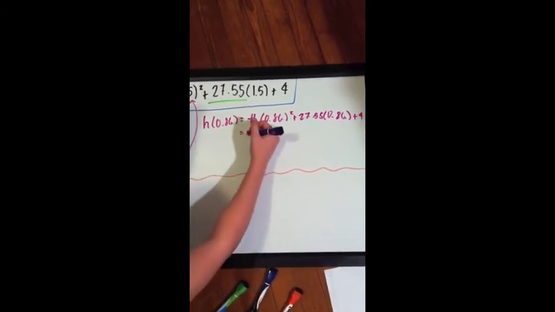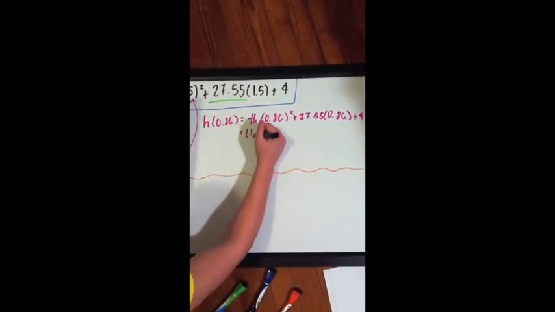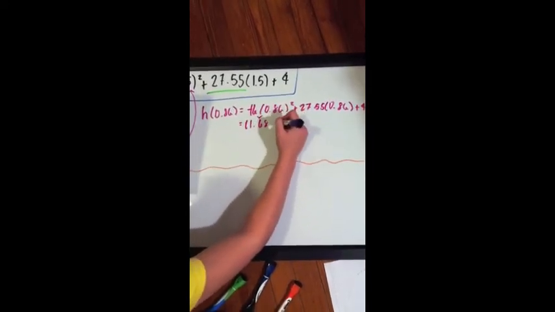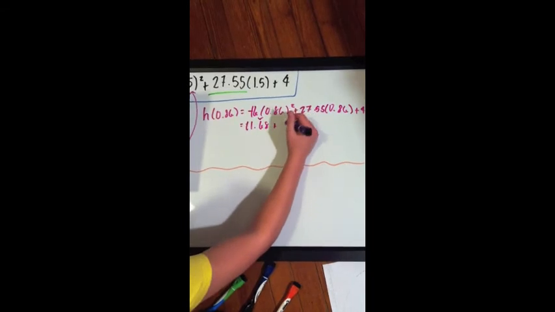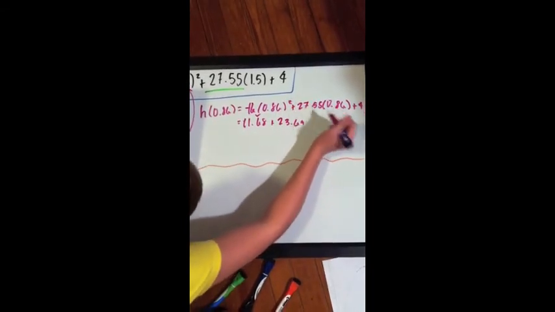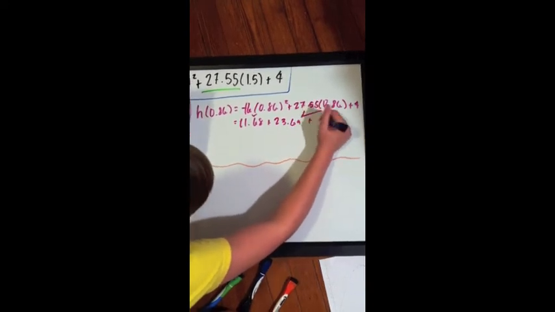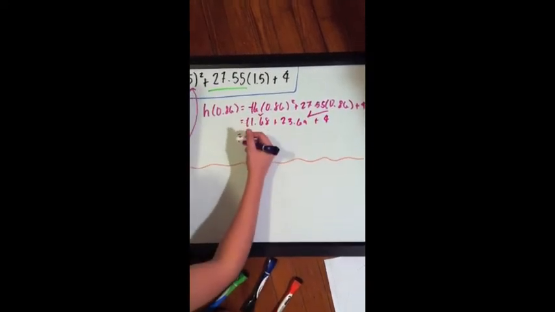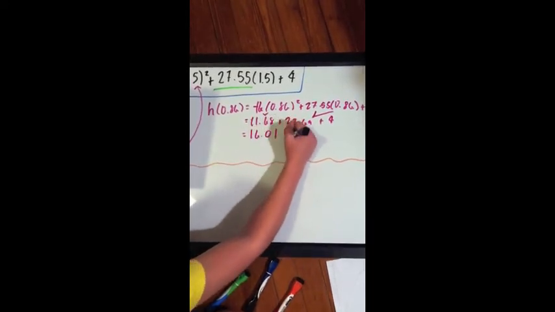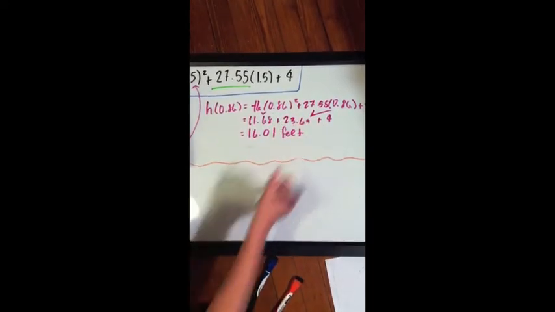So then you work that out, you get 11.68 for here plus 23.69 right there plus 4, and then for your maximum height you get 16.01 feet.